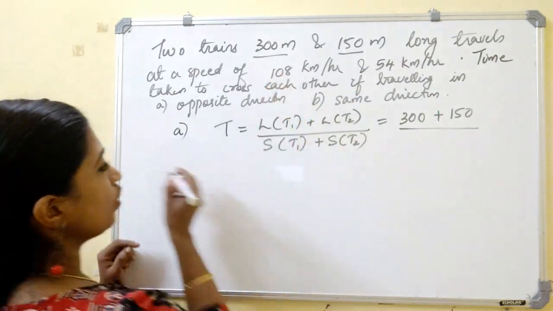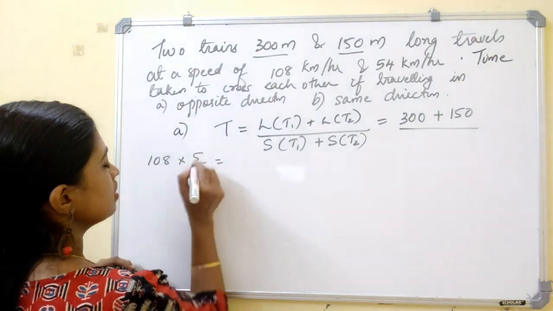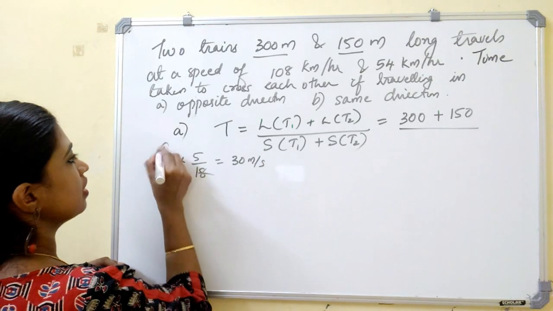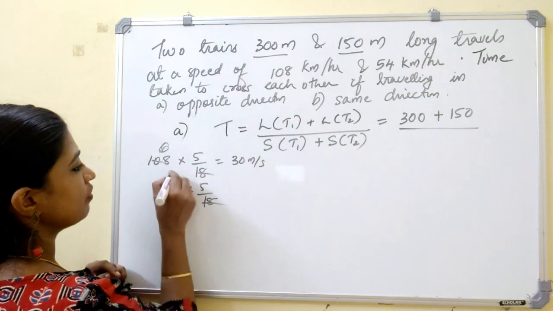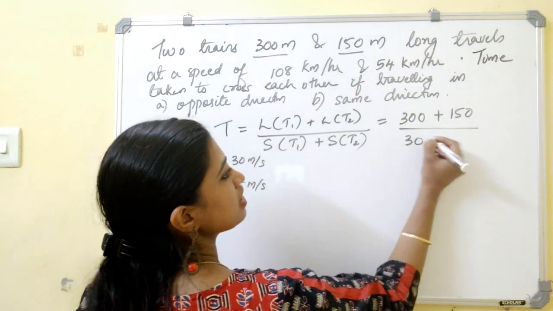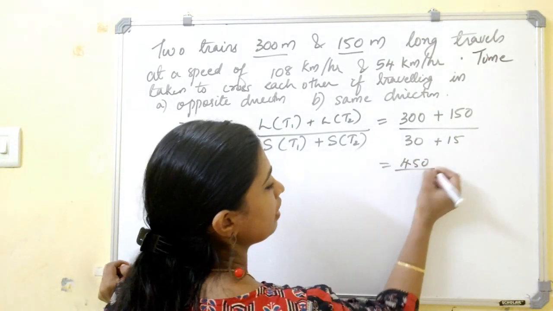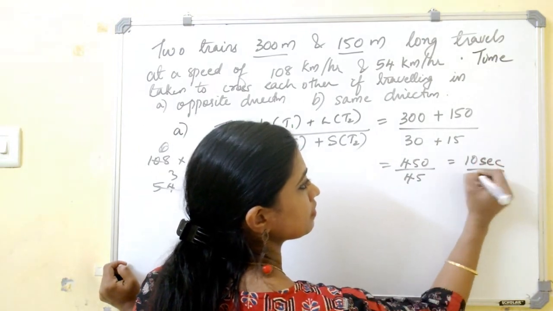Here 108 km per hour is 108 into 5 by 18, which is 30 meter per second, and 54 into 5 by 18 is 15 meter per second. So it is 30 plus 15, which is 300 plus 150, that is 450, divided by 45, which is 10 seconds.